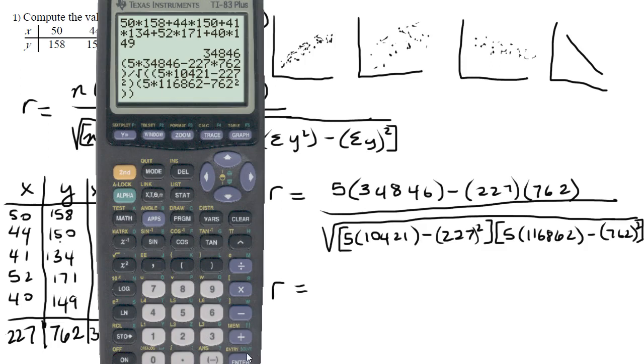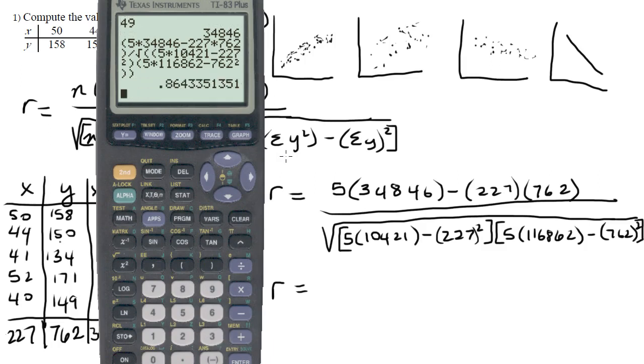Okay, I'm going to click this button, and I hope everything's in there correctly. Let's look. Numerator, 5 times 34846 minus 227 times 762 divided by the square root of 5 times 10421 minus 227 squared, then 5 times 116862 minus 762 squared.